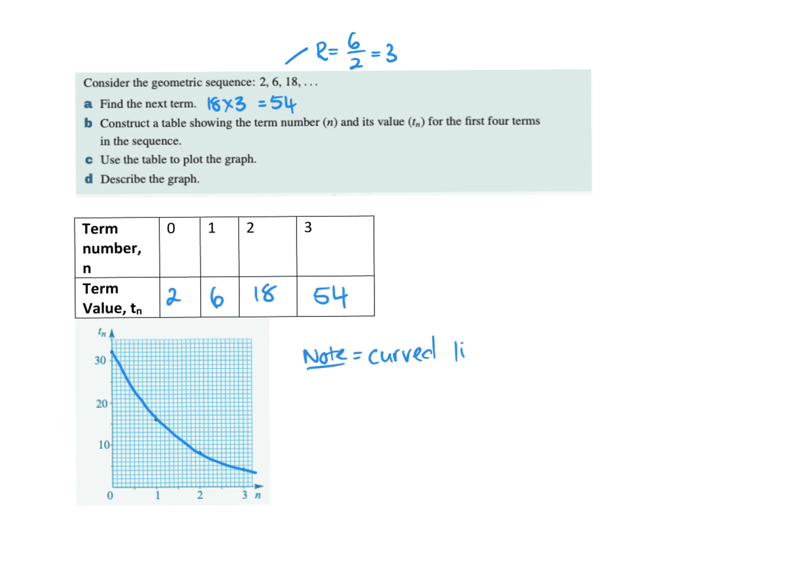Geometric sequences will have a curved line on the graph. If you remember back, arithmetic will have a straight line, so geometric has a curved line.